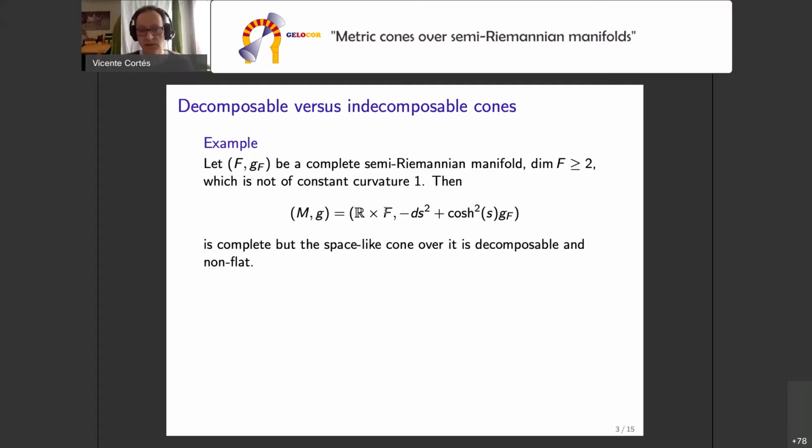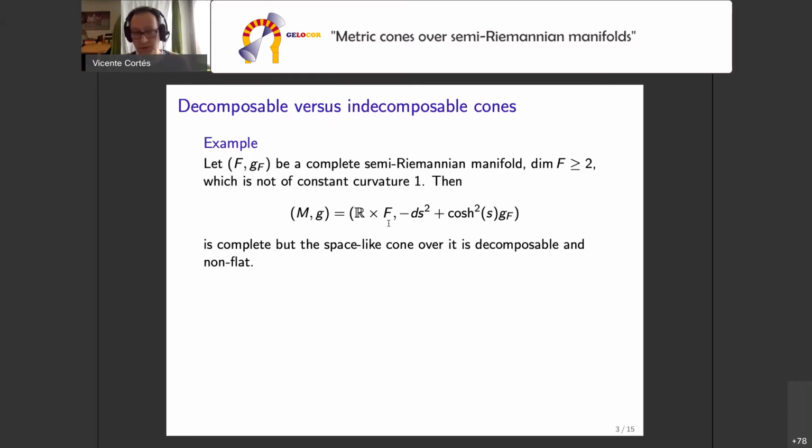But nevertheless, it turns out that the cone over this manifold, in fact we consider the space-like cone, is decomposable and non-flat. This can be checked by showing that if you take the distribution defined by the tangent bundle of F together with a particular linear combination of the vector fields d/dr and d/ds, then the span of this vector and of the distribution TF is a parallel distribution, so invariant under the holonomy.